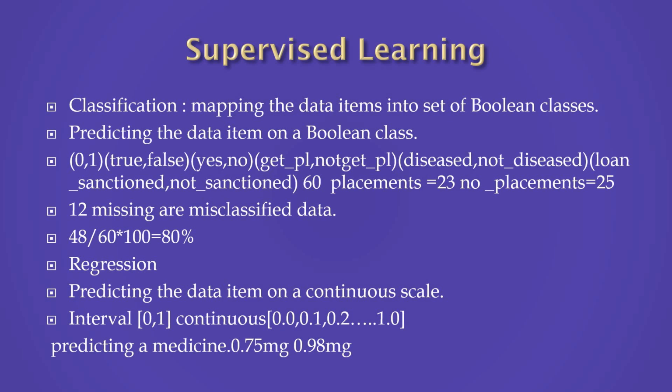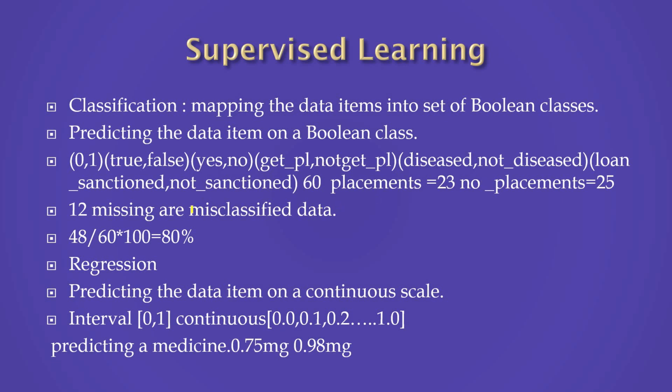So 60 data items we are having here. 23 are getting the placements and not getting placements is 25. So 12 are missed. These are called misclassified data. So among the 60, we are getting only 23 placements, not getting placements is 25. So 23 plus 25 is what? 48. So what about the remaining 12? These 12 are not classified at all.